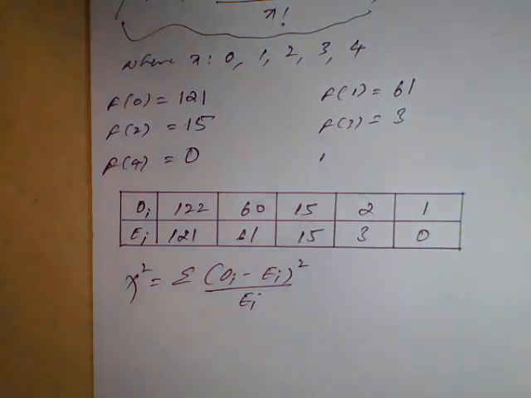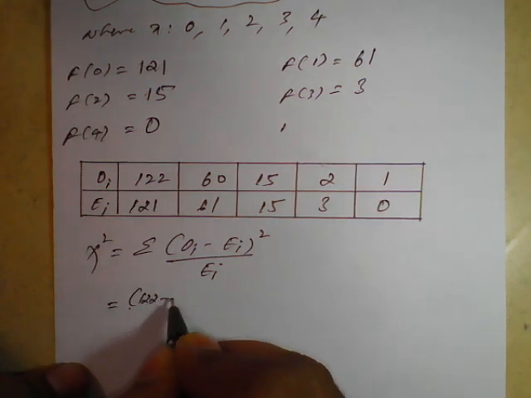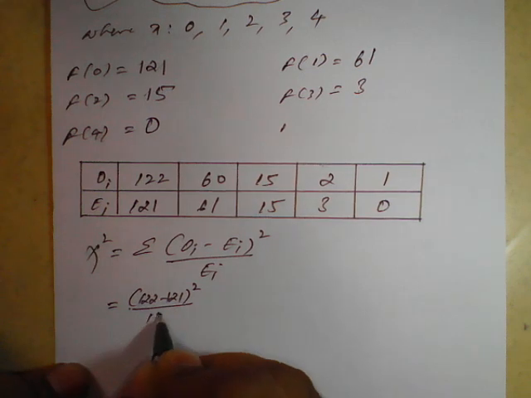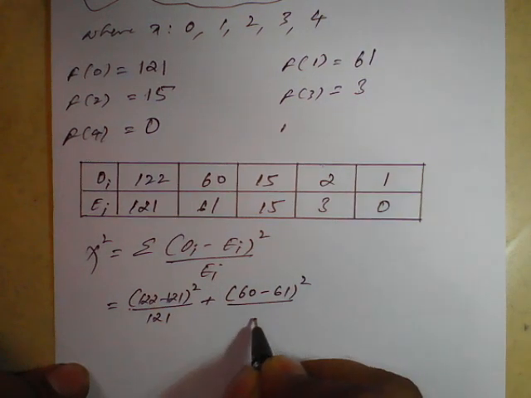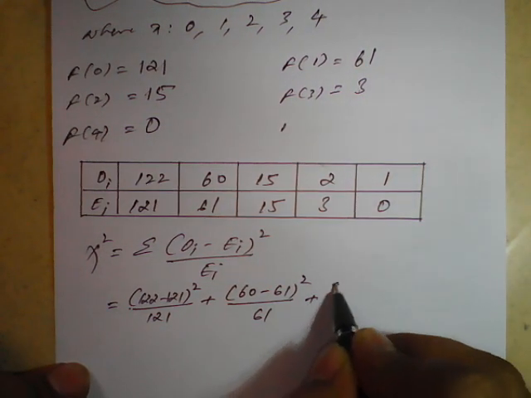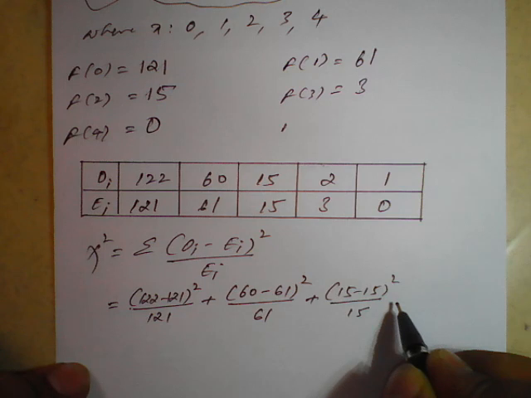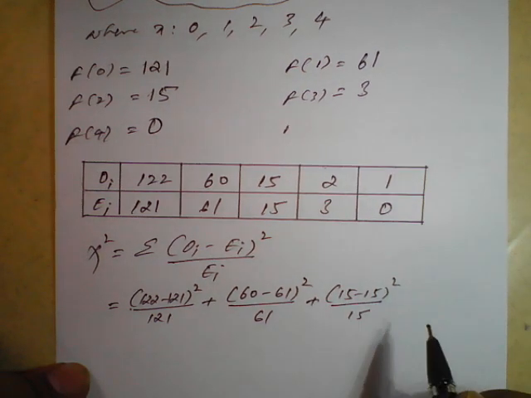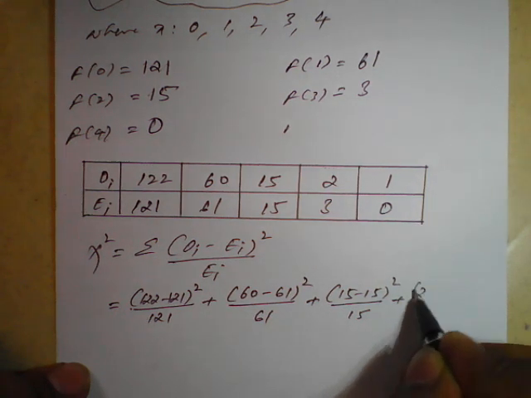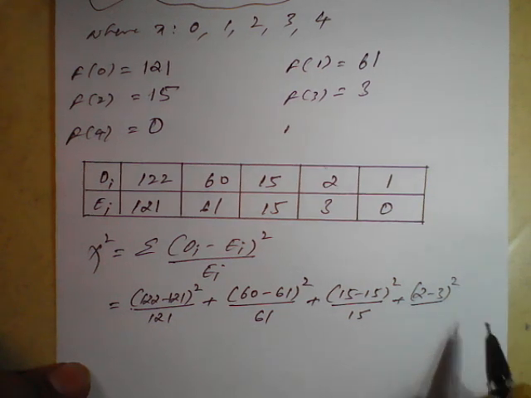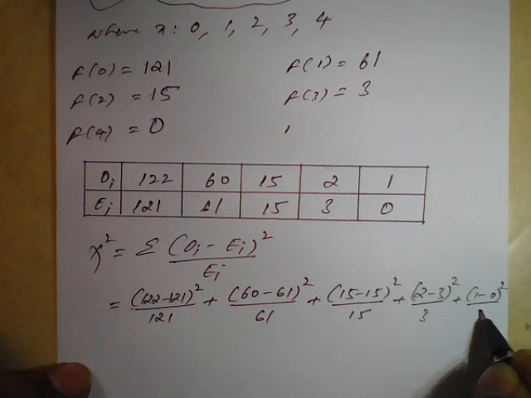Fine. So this calculation will be 122 minus 121 whole square divided by 121, plus 60 minus 61 whole square divided by 61, plus 15 minus 15 whole square by 15, plus 2 minus 3 whole square by 3, plus 1 minus 0 whole square by 0.